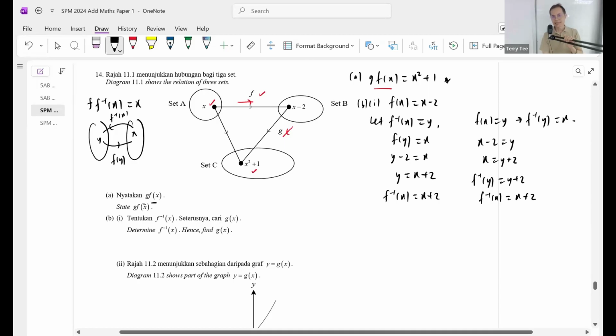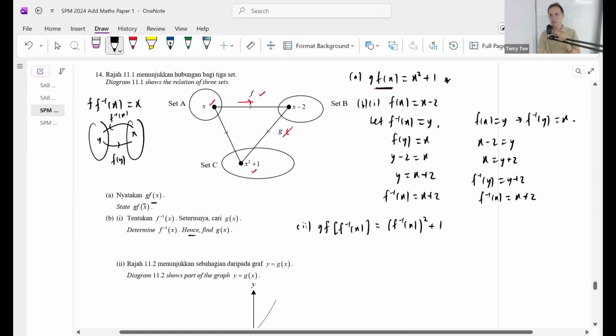You end up at the same place where you started, which is X. So starting from this one here, let me use a bit more space over here. I'm going to put F inverse inside my GX, so I must put F inverse inside here. I know some people use substitution, but because the question mentioned hence, it means you have to use the result. Use your F inverse to do it.